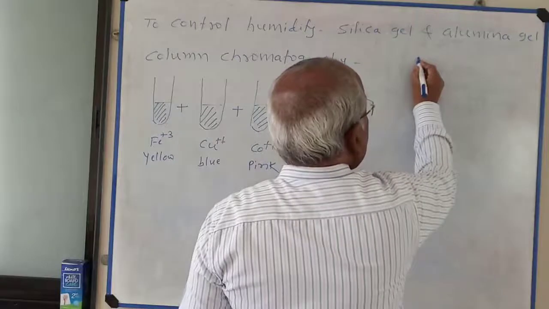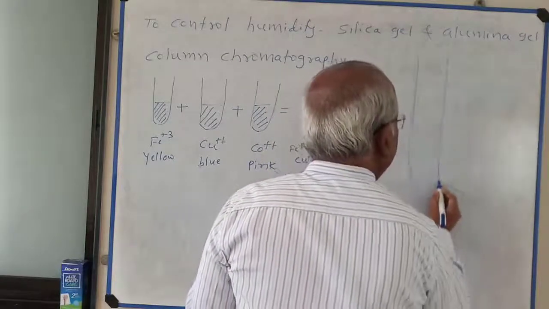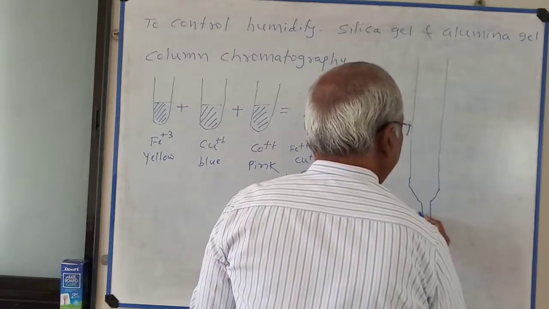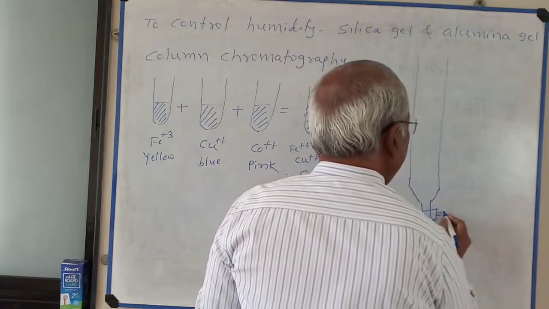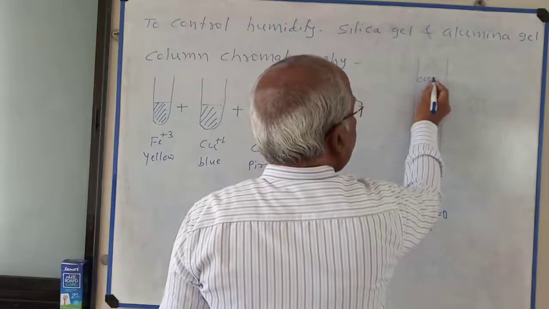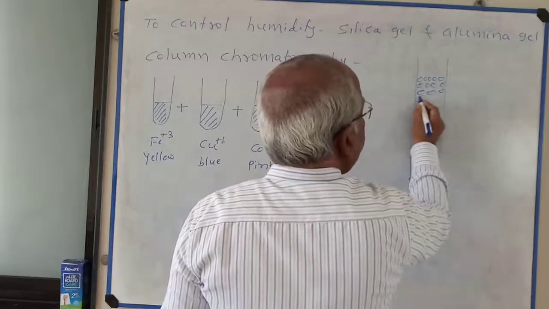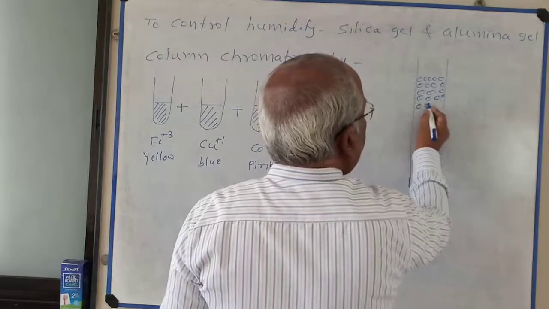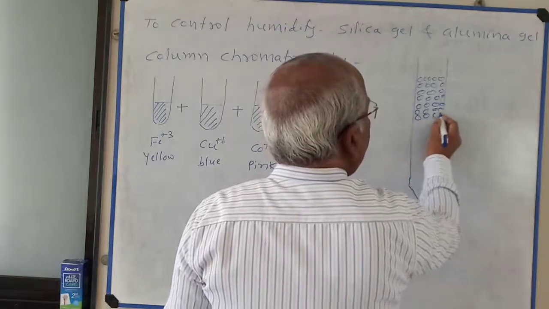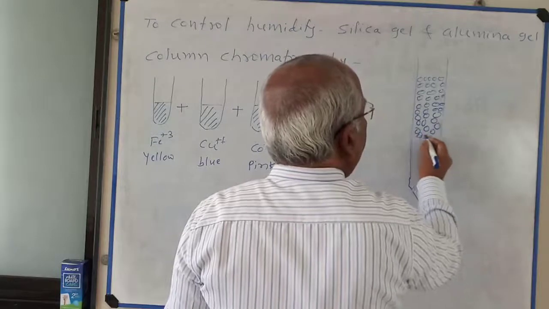So here is a long glass column. Suppose this is a long glass burette. Here silica gel is filled in this long glass column. Silica gel is a good adsorbent. Or alumina gel. It is packed in this long glass tube.